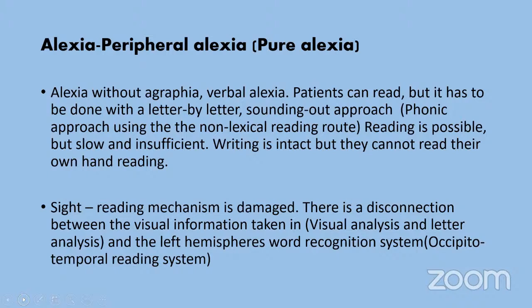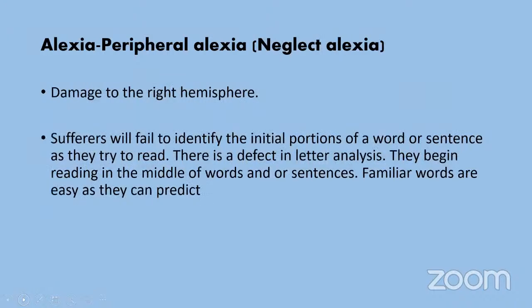The writing is intact, but they cannot read their own handwriting. What is damaged here is the sight reading mechanism. There is a disconnection between the visual information taken in visual analysis and letter analysis, and the left hemisphere word recognition system, the occipitotemporal reading system. That's it, pure Alexia.